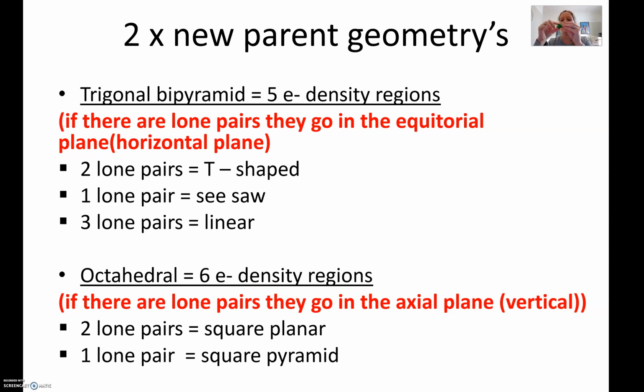So if we lose 1, which you'll see here, 1 lone pair, and if you look, this looks like something you see at the playground from when you're a kid. So this is a seesaw, because it looks like a seesaw. How crack up's that? So 1 lone pair, and you make a seesaw shape, which is really cool, because it looks like a seesaw.